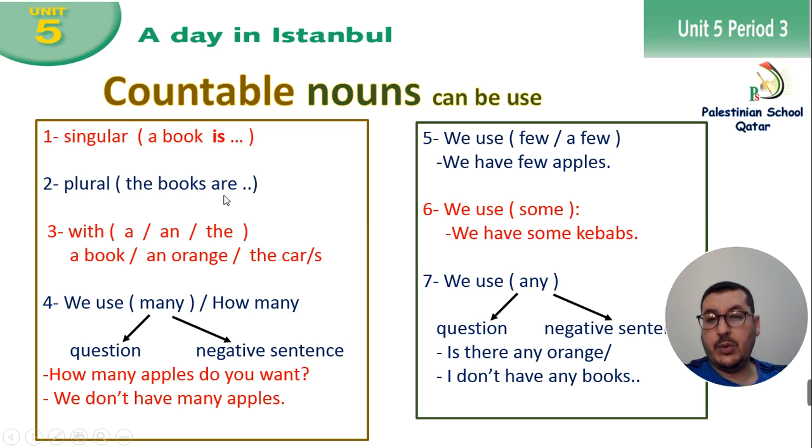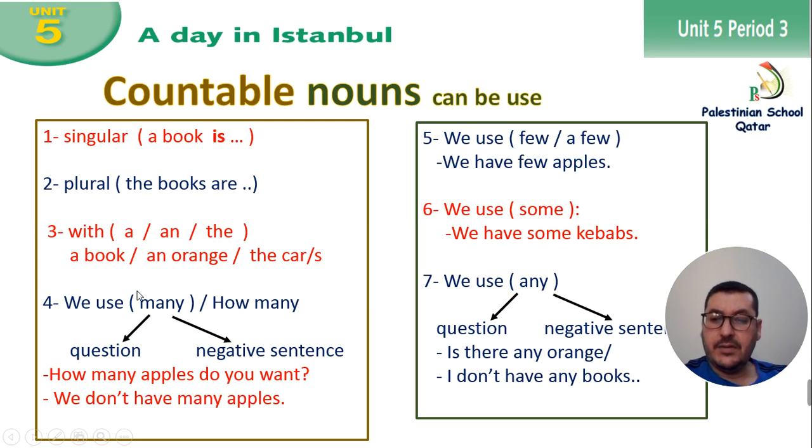for plural. Number 3, I can put the countable nouns with a, an, or the. I can say a book, an orange, a car, or the cars. So with the countable noun, I can use a, an, and also the.